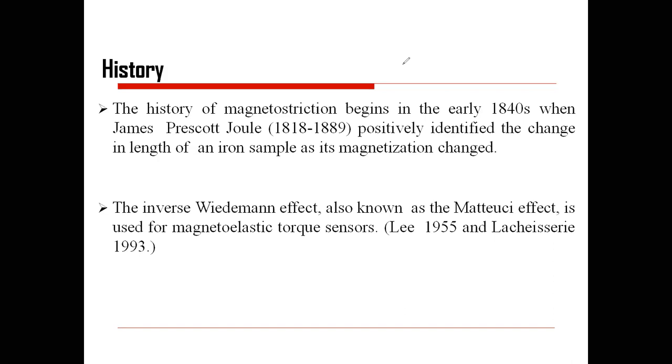This magnetoelastic effect is used for magnetoelastic torque sensors, so it can be used for torque measurement. Torque measurement is opposing force. Lee in 1955 and Larchuris in 1943 introduced that aspect.